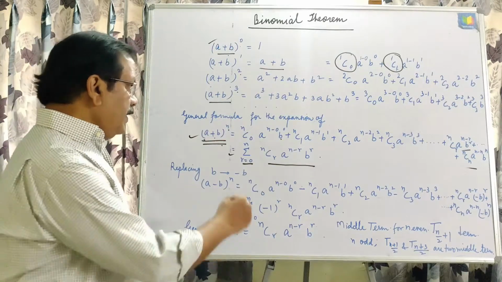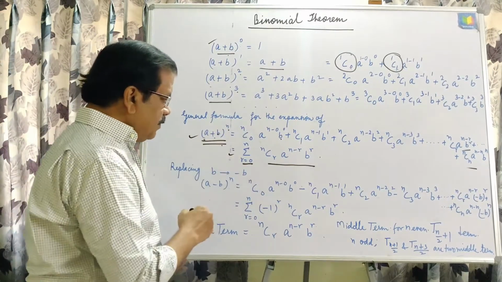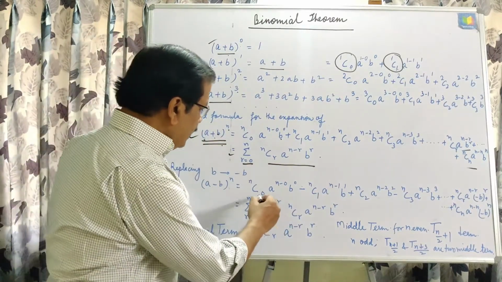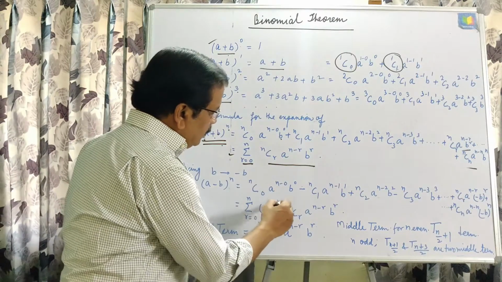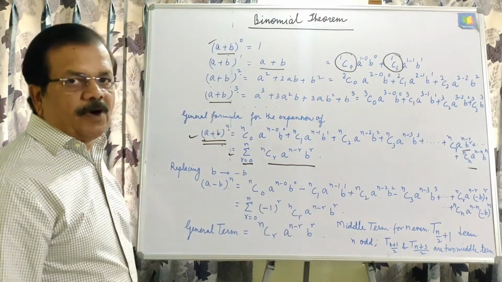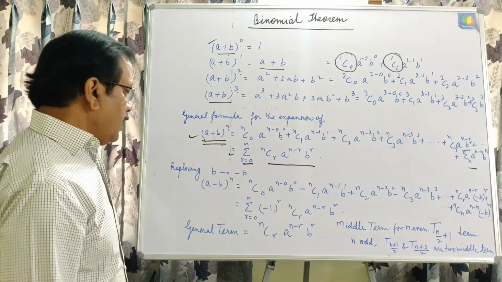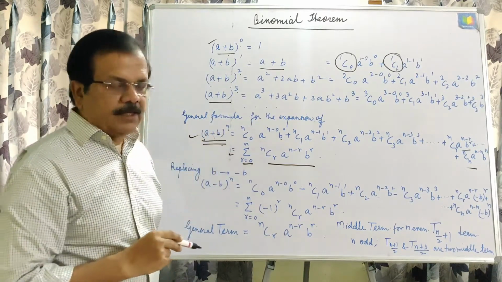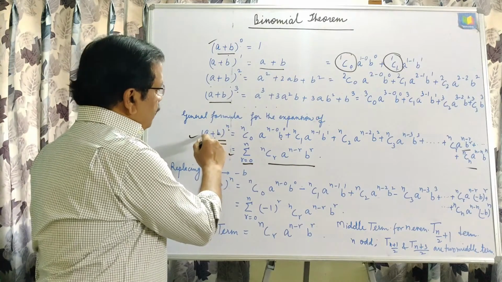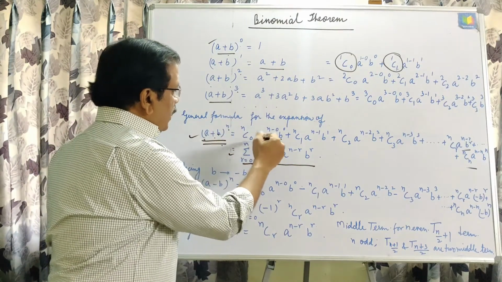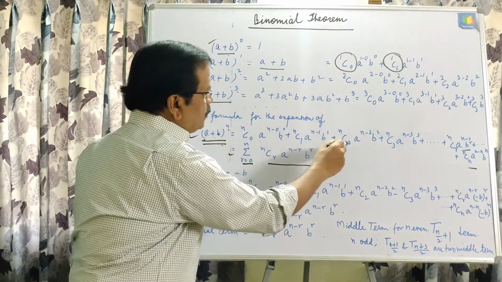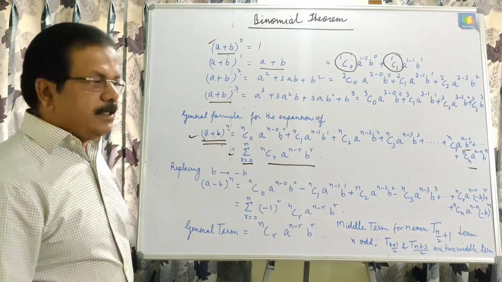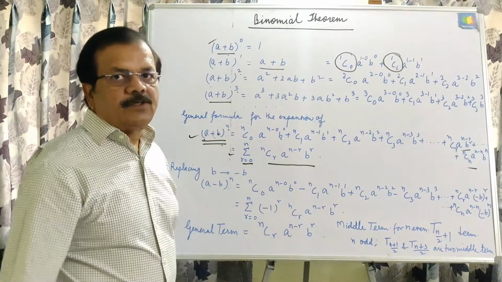If in place of b we use minus b, then alternate terms will be negative, and we will get overall minus 1 to the power r nCr a to the power n minus r b to the power r. And if we use a equal to 1 and b equal to 1 in this, then 2 to the power n is equal to C0 plus C1 plus C2 plus C3 right up to Cn, in terms of binomial coefficients.